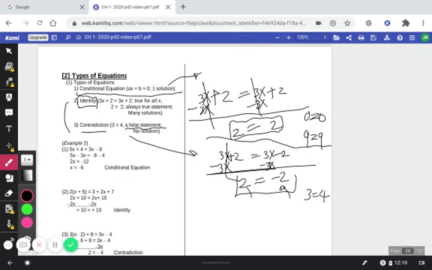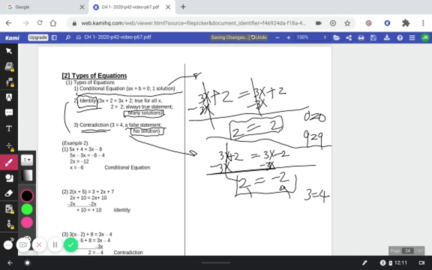It's a false statement, so there is no x value that makes this happen. So, no solution. Compared to an identity, which has many solutions, in contrast we call this a contradiction equation.